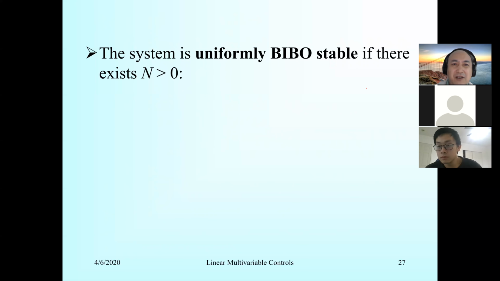So we define the system as uniformly BIBO stable if you can find an upper bound n greater than 0. Remember, this is all in the infinite norm, the peak value, peak of peaks.